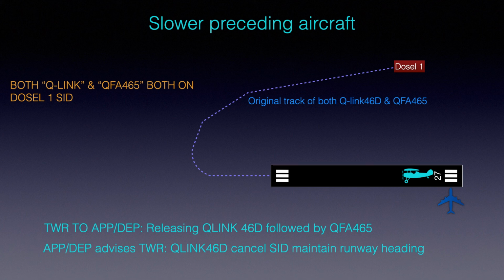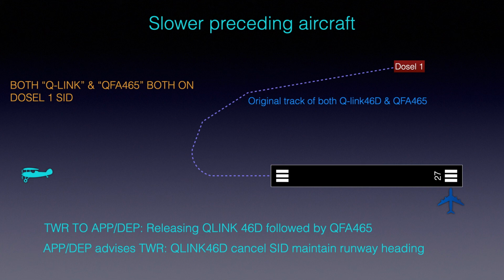So obviously now those instructions will be given back to Q-Link 46 Delta, and he'll say, Q-Link 46 Delta, cancel SID, maintain runway heading, contact departures airborne, clear for takeoff. And so Q-Link 46 Delta off he goes, maintains runway heading, contacts approach.